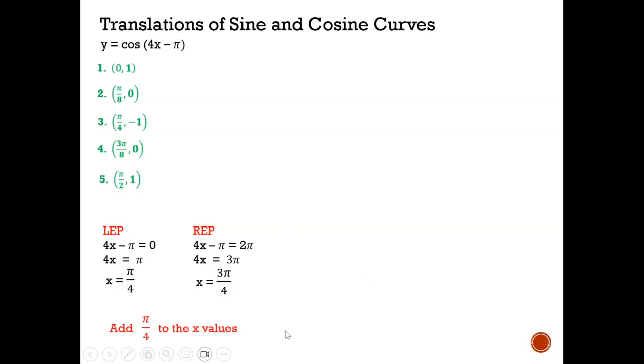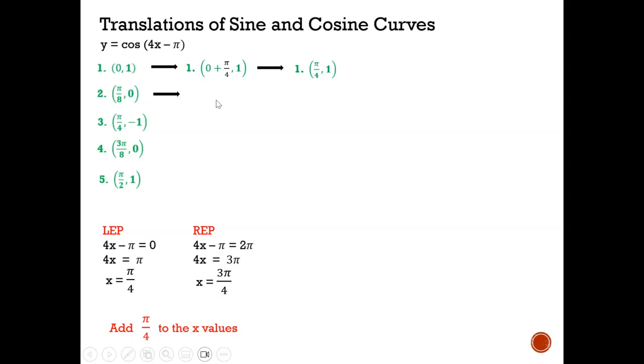Now, so what do we do? We're going to add, because x is a horizontal translation. So for horizontal shift, it means the x's are going to change. So we're going to add pi over 4 to every x value here. So we're going to get 0 plus pi over 4, 1, which will give us pi over 4, 1. That's my first point.